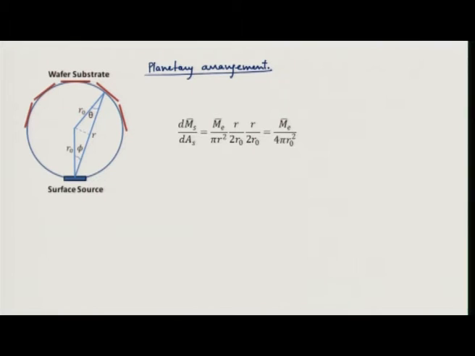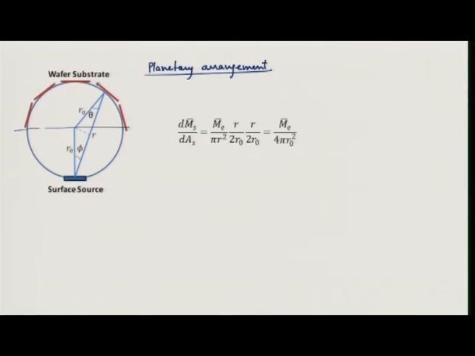How is that? In this case the substrates are kept at the periphery of a large sphere. The surface size is small enough, but you can keep a large number of wafers or substrates.